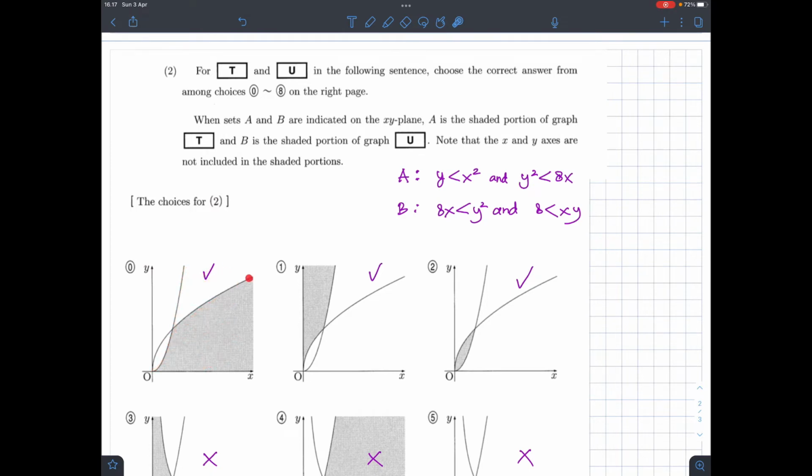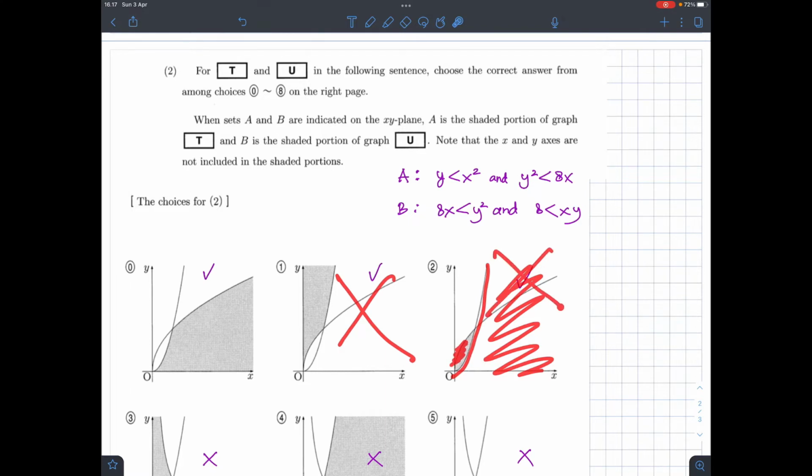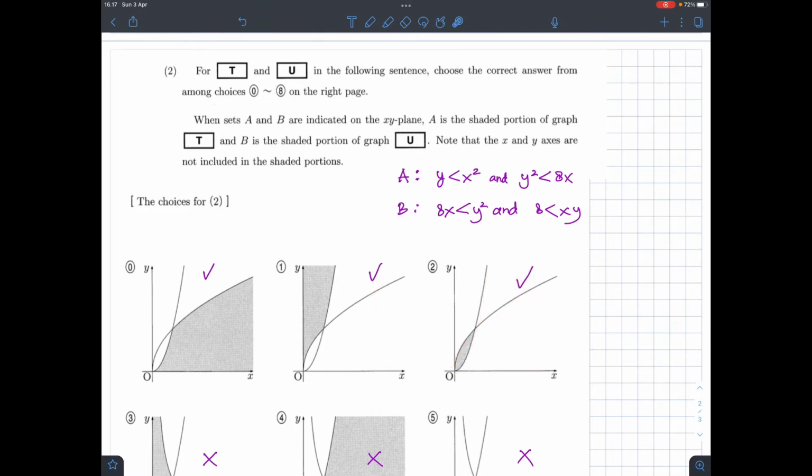This is possibly correct, and here they shaded the left side, so this is wrong. And here it should be shaded like here, but in this option they shaded the left side, so this is also wrong. So for T, this is the correct answer.